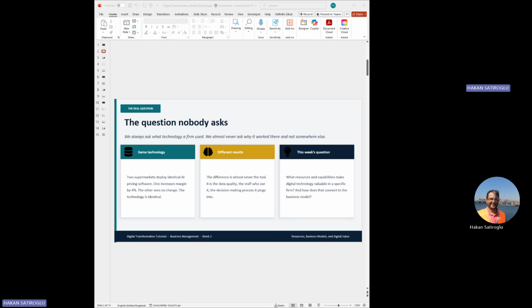This is the different result because people understand leadership capabilities, or employees understand IT capabilities, and how they generate value is part of those performance differences. So you will see in a second what value is.